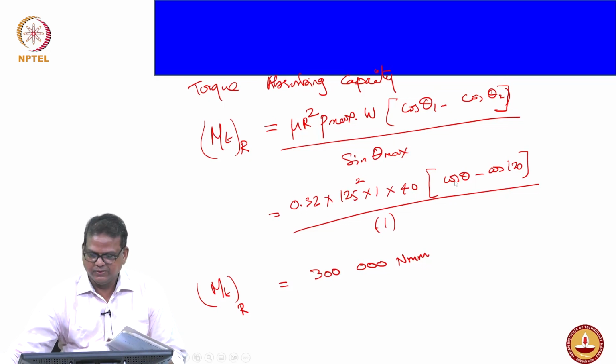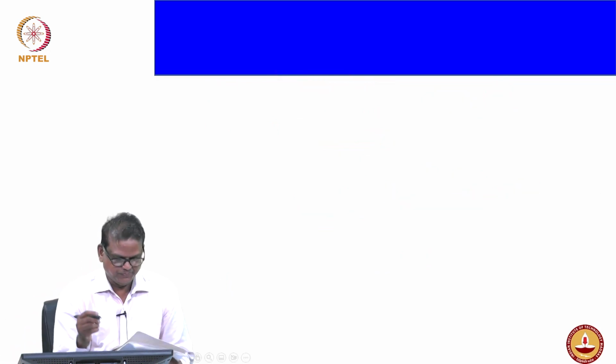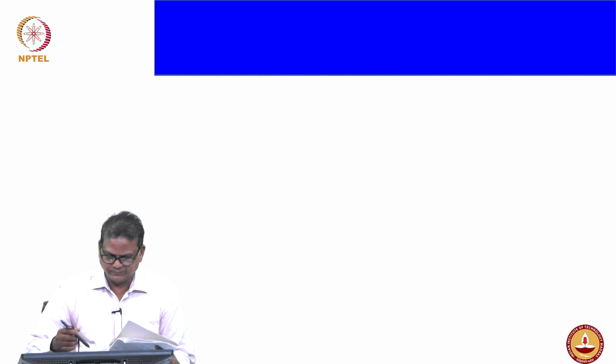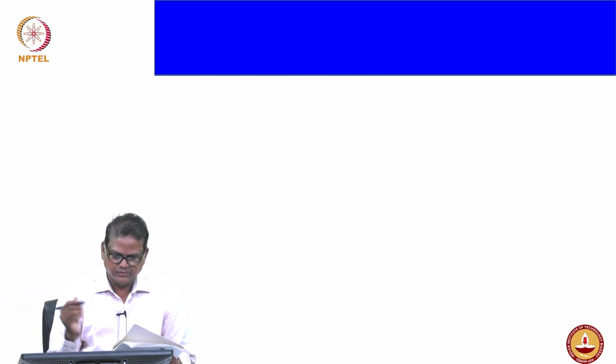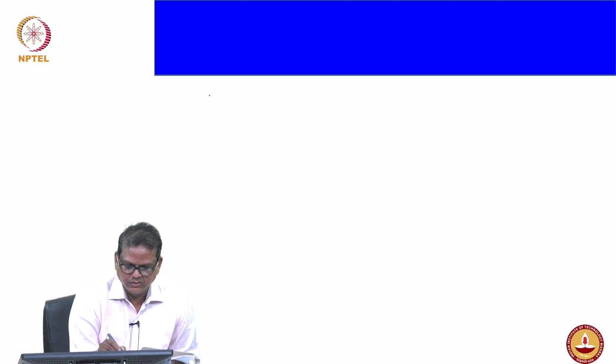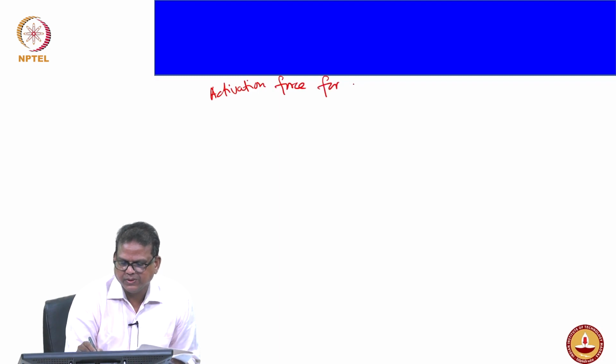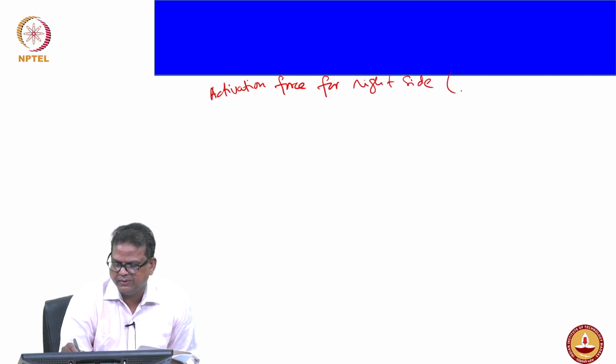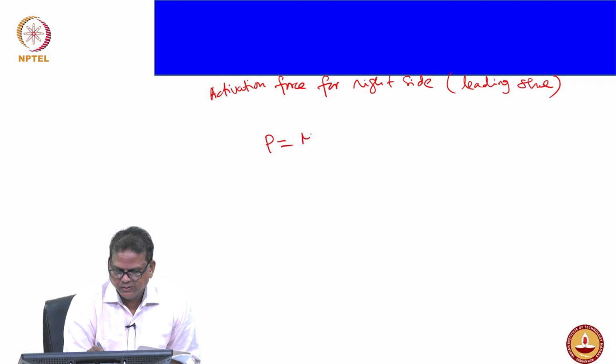The activation force for the right side shoe, nothing but the leading shoe, we are assuming it as a leading shoe, P equal to Mn minus Mf by c.